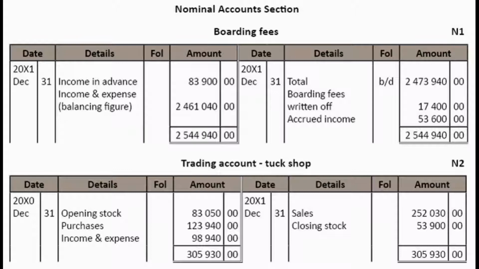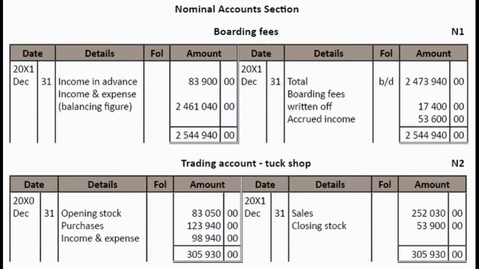And then you close off the opening stock account to the trading account. But in this case, they haven't done it. So we did not have an opening stock account under the nominal account section. We just had that stock in the balance sheet section. But that's not a big deal.